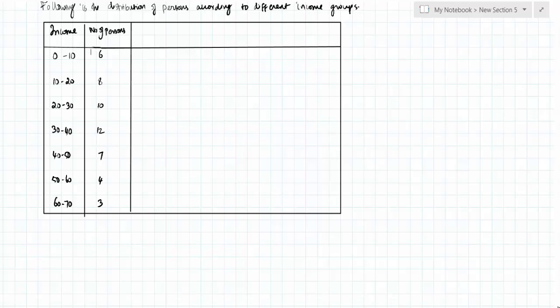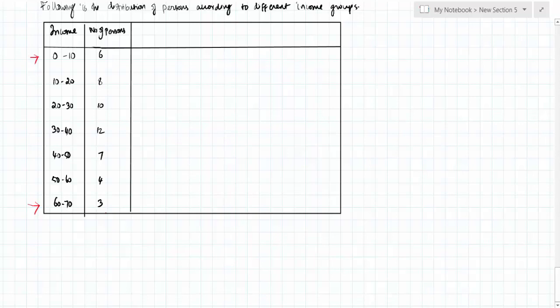You have the range starting from 0 to 10, and it goes at the class interval of 0 to 10, 10 to 20, 20 to 30, and it goes up to 60 to 70. The number of people with the income range between 0 to 10 are 6, 10 to 20 are 8, 20 to 30 are 10, and it goes like 12, 7, 4 and 3.